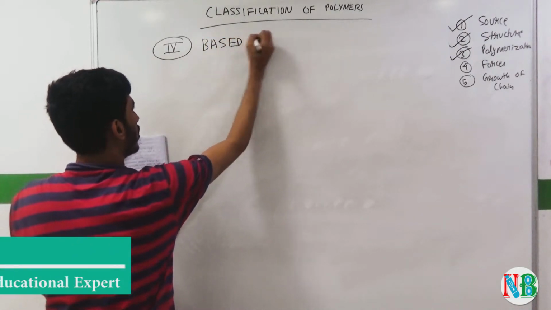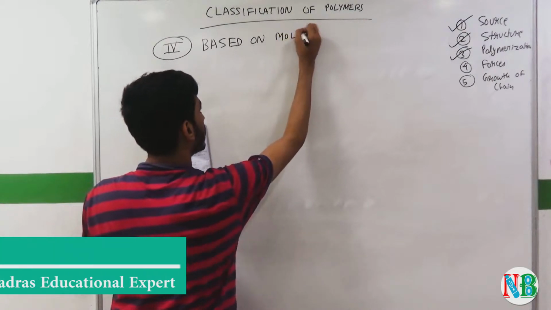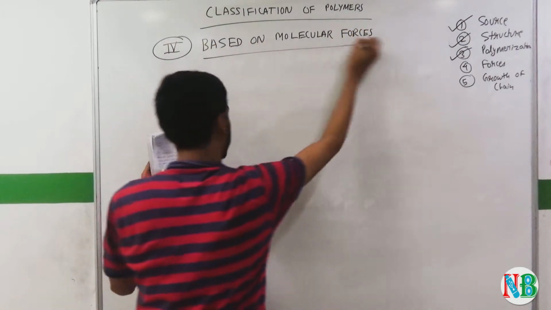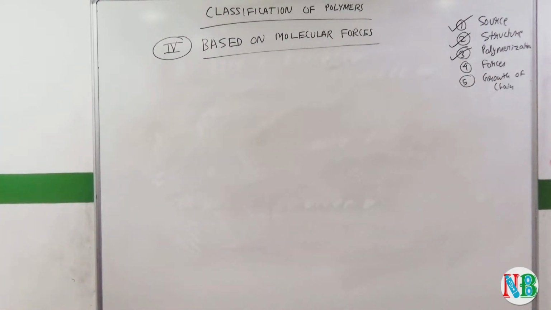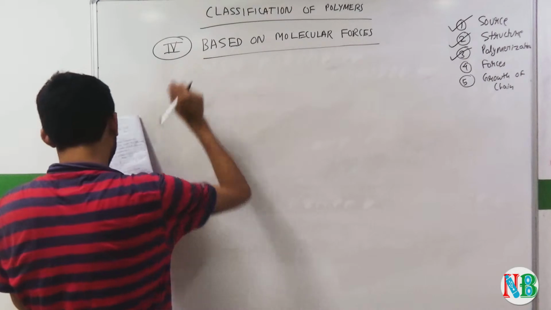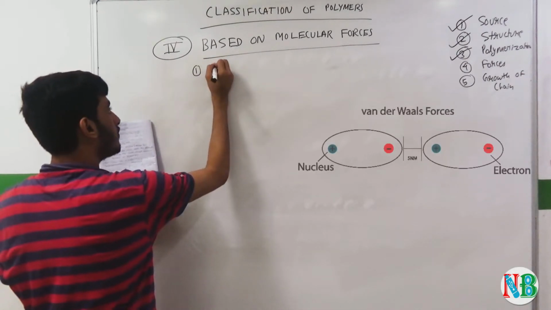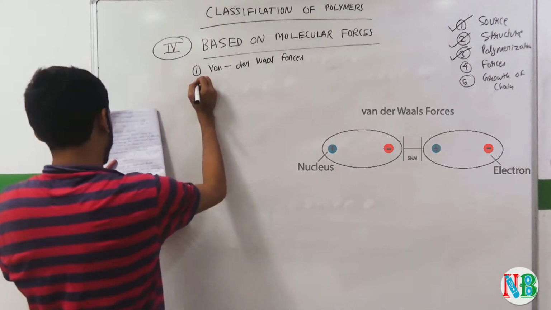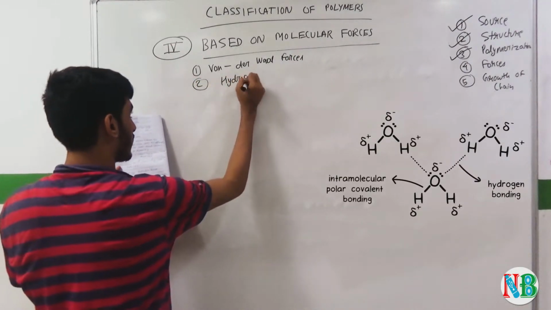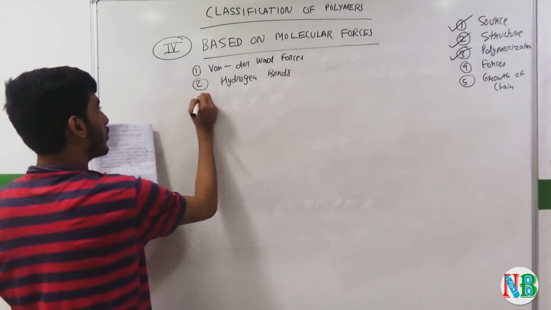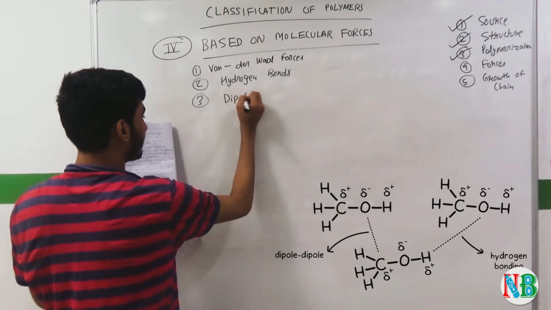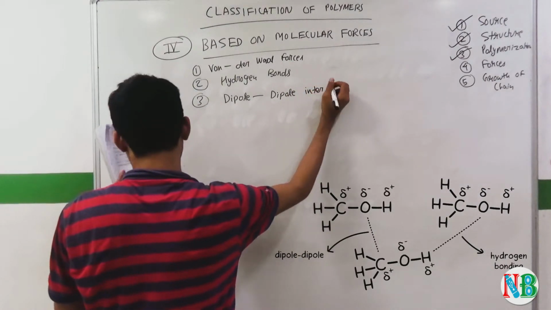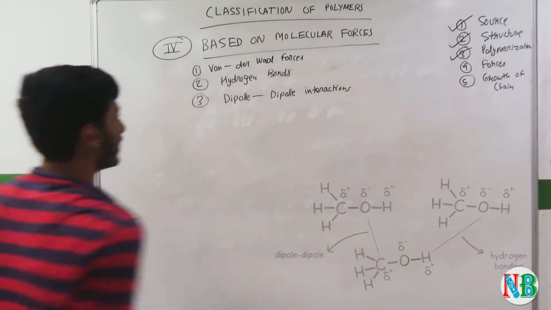So based on molecular forces. If I ask you to name some of the intermolecular forces, these forces could be van der Waals forces, hydrogen bonds, or ionic dipole interaction.